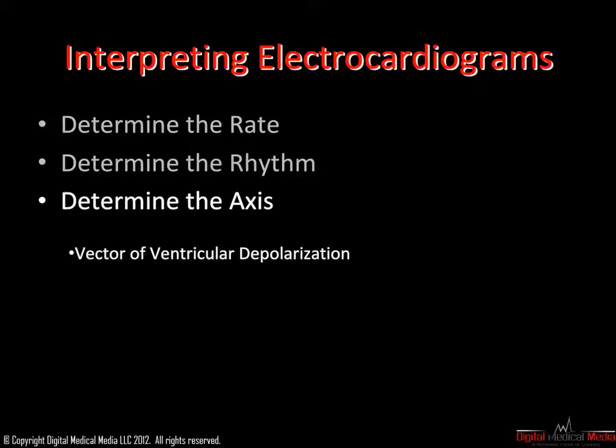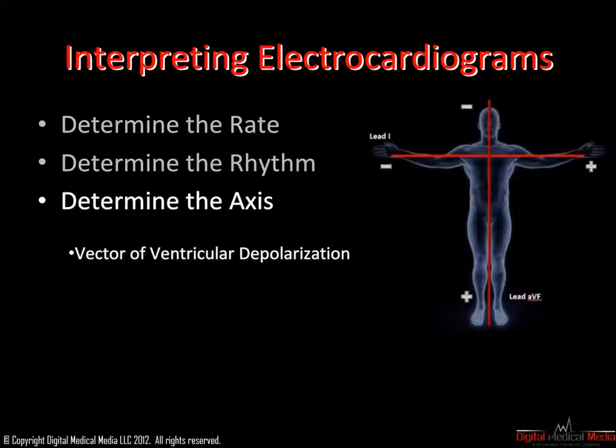The first thing that you need to know about axis is that it is measured on a Cartesian coordinate system, just like we all learned in grade school. The x-axis is the same as lead 1, because lead 1 runs horizontally from the right arm to the left arm, with the positive end pointing towards the left arm, just like the x-axis on an xy coordinate system.